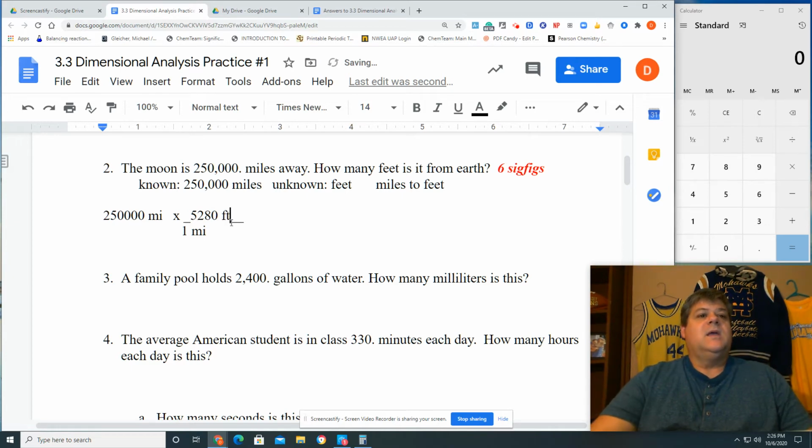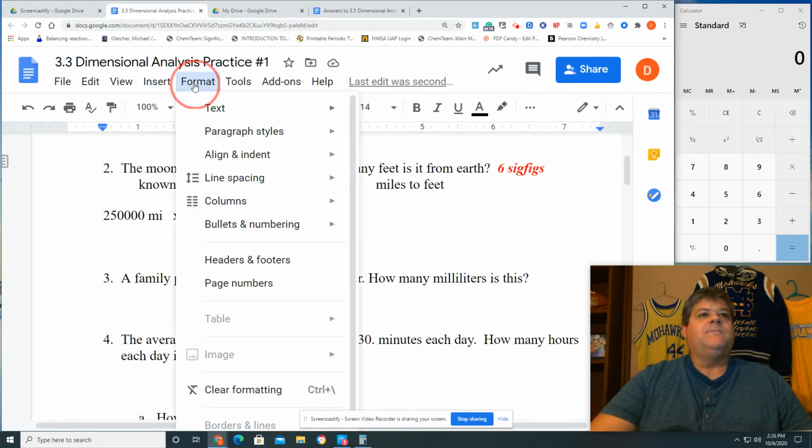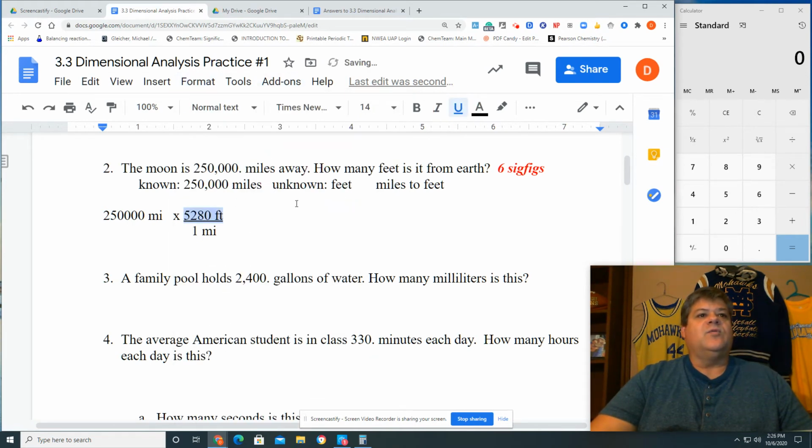feet. Now, one of the things that we're going to do here too is let you know why we wrote it the way that we did. Why did we put the 5,280 on top and the 1 mile on bottom? The reason is that we have to cancel out miles, so miles have to be on the bottom.